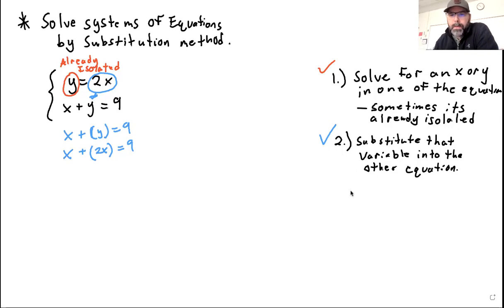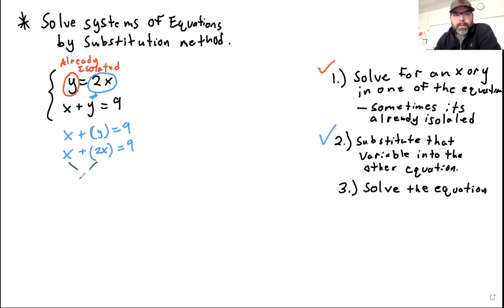And our third step is going to be solve the equation, or the new equation. So let's solve this. To solve this equation, we're going to combine like terms.